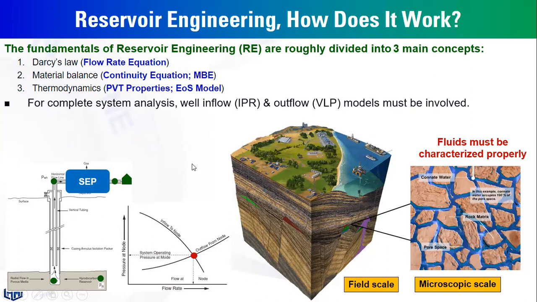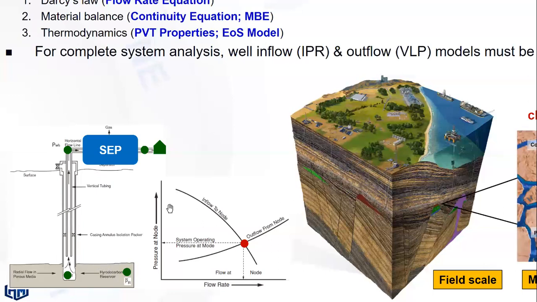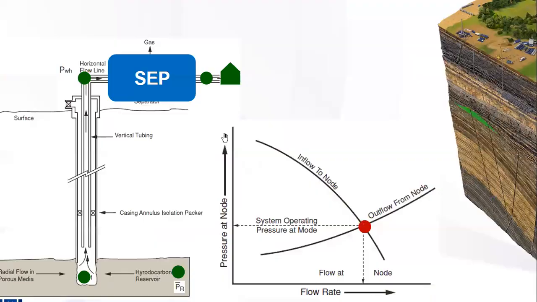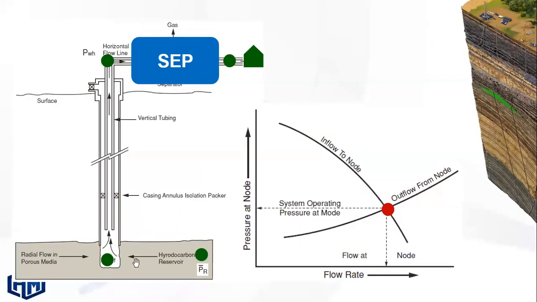For the integrated system analysis, we have to include the two common models: the inflow performance model to highlight the reservoir and fluid analysis across the porous media, from average reservoir pressure to the bottom hole flowing pressure. This is highlighted by this inflow model to a specific node.